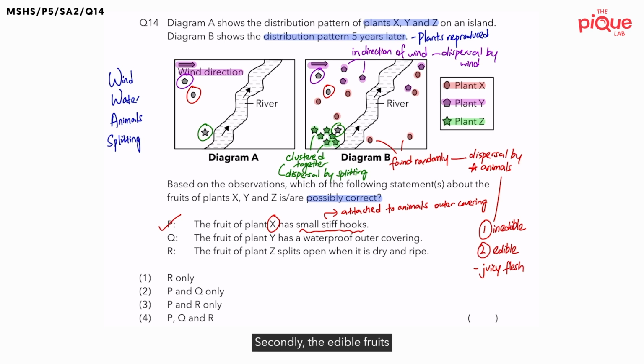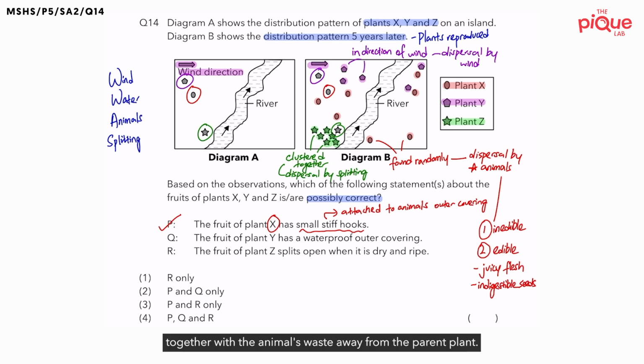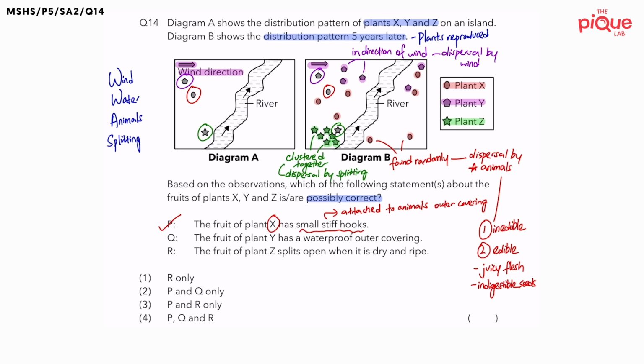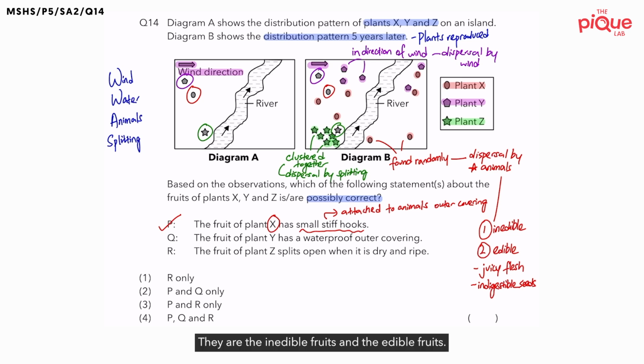Secondly, the edible fruits must have indigestible seeds to prevent the seeds from being digested by the animal so that these seeds can be passed out together with the animal's waste away from the parent plant. In summary, please remember that there are two types of fruits that are always dispersed by animals. They are the inedible fruits and the edible fruits.